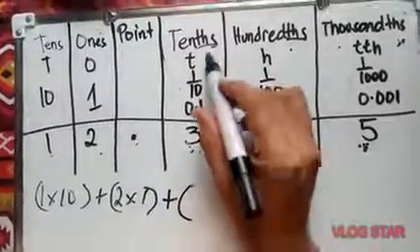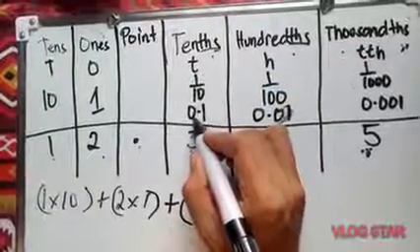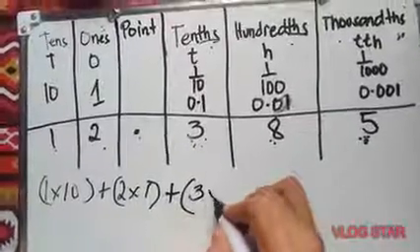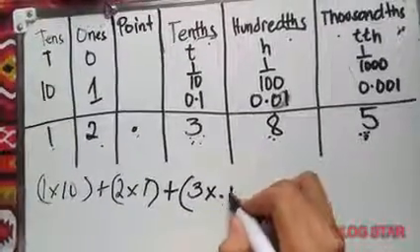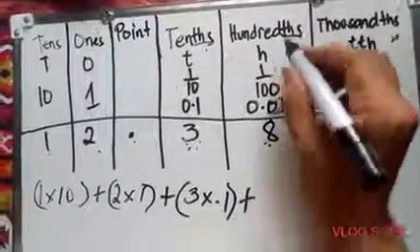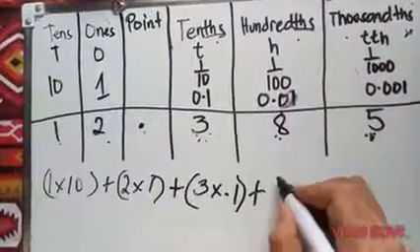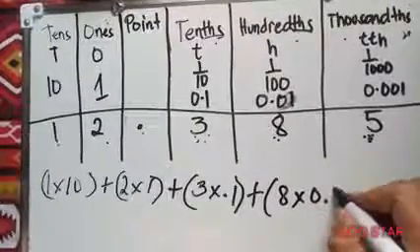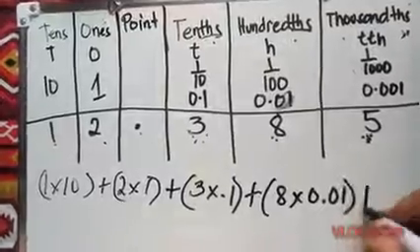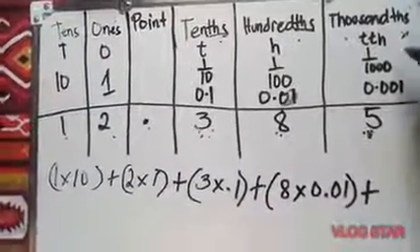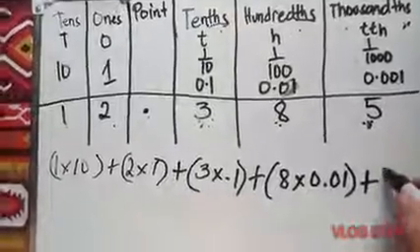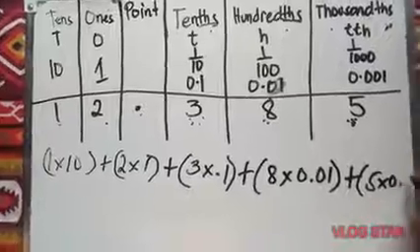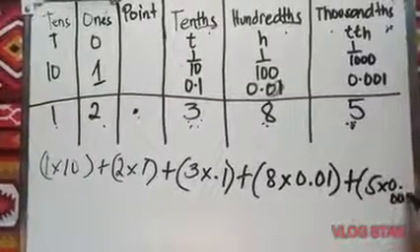Since 3 is in tenths place, or 0.1, we multiply 3 times 0.1, plus 8 is in hundredths, so 8 times 0.01, plus 5 is in thousandths place, so 5 times 0.001.